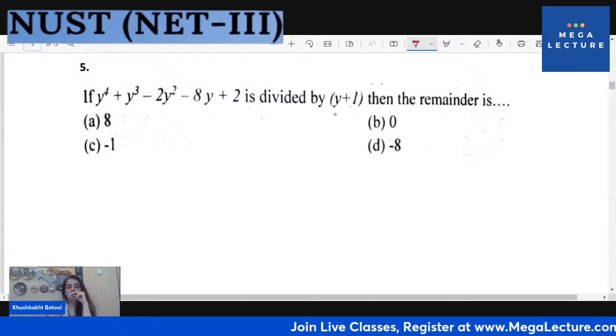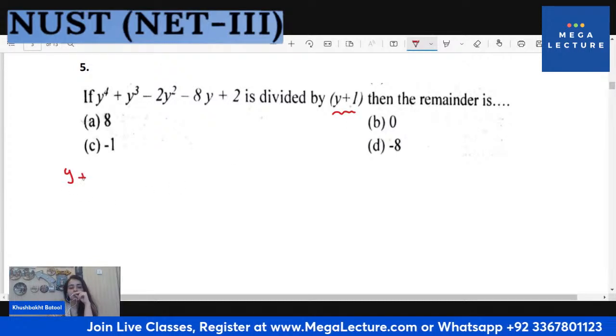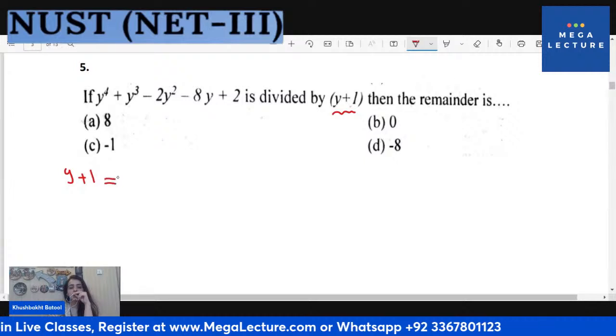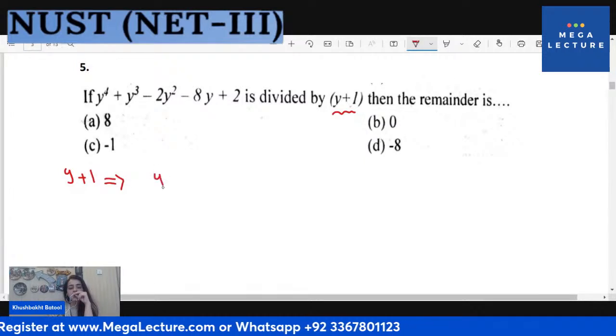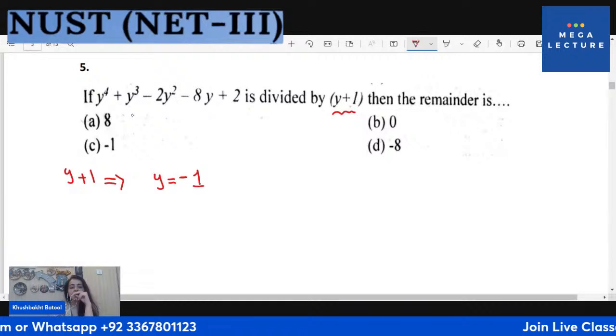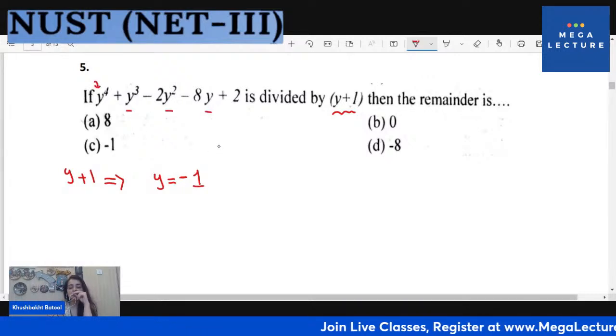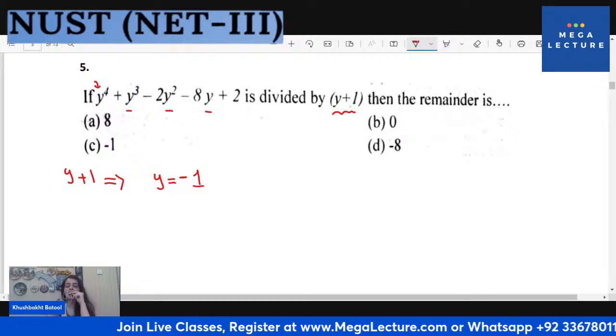So the factor is y plus 1. When the factor is y plus 1, we are supposed to plug in y equals minus 1. I'll plug in y equals minus 1 in all these y's, and I'll see the answer. Whatever number I get, that is going to be the remainder.